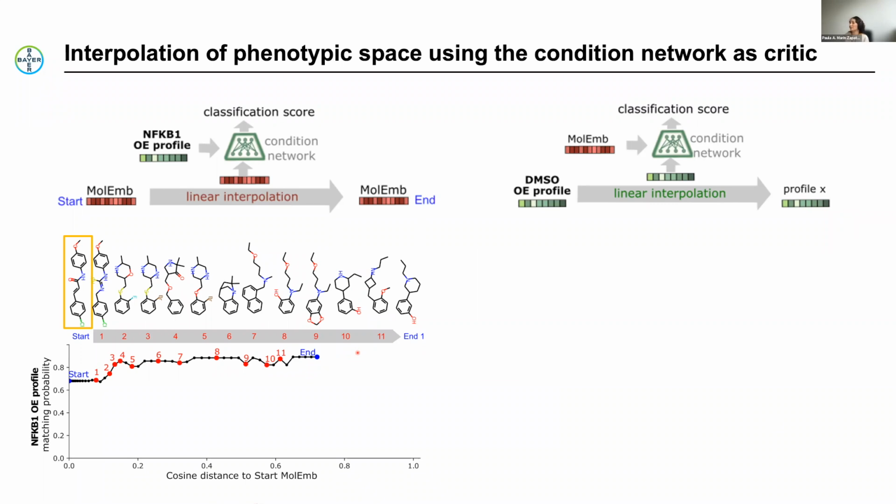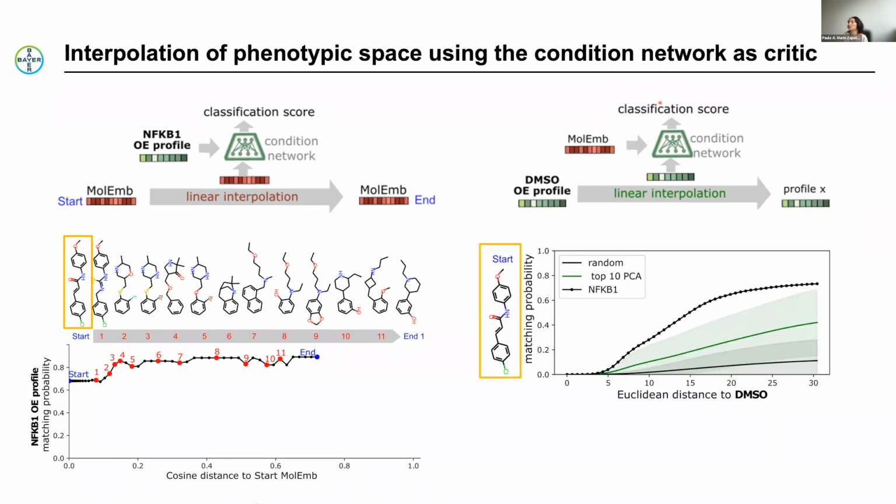And in the other experiments, interpolating the morphological space, we start from the DMSO morphological profile and do linear interpolation towards an end profile. And again, we use the condition network as a critic to tell us if the interpolated profiles match a reference molecule or not.